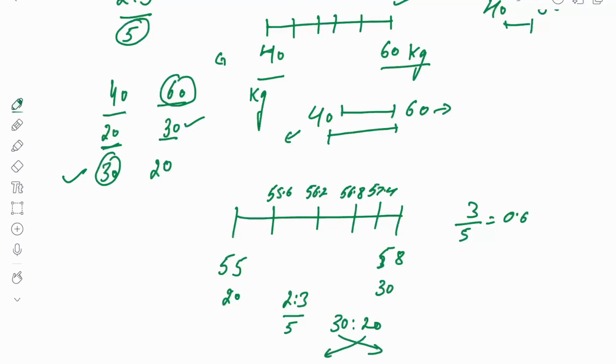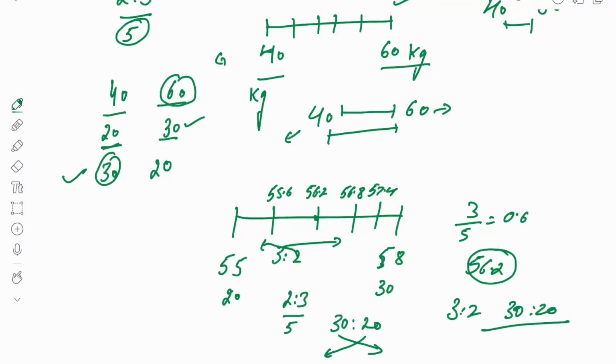So the heavier part takes more weightage. So it would have been 3 parts here, 2 here. So 3 parts will be away from this, 2 will be away from this. So it will be more close and the answer would have been 56.2 had the ratio been 3:2 or 30 girls, 20 boys. But it was not so, thus it was 56.8.